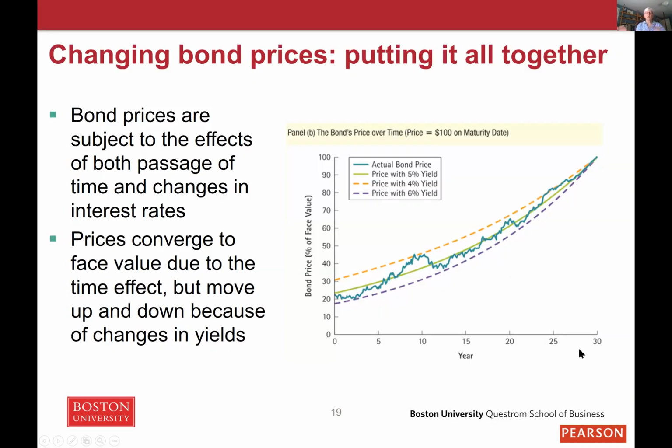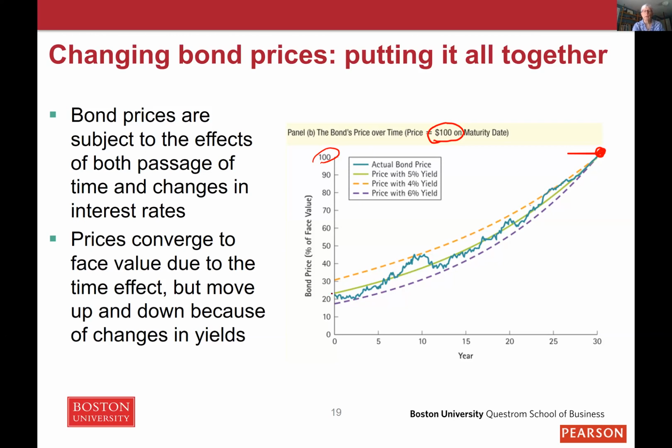So summarizing all the stuff that we've been talking about here, if you have a bond with $100 face value, here's your face value, as we get closer and closer to maturity, the bond is going to come closer and closer to trading at that face value. As interest rates change, the price is going to go up and down.